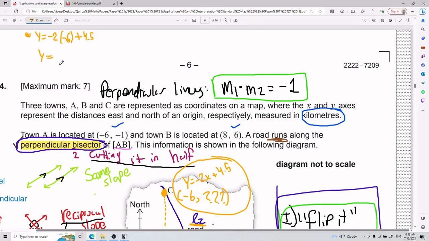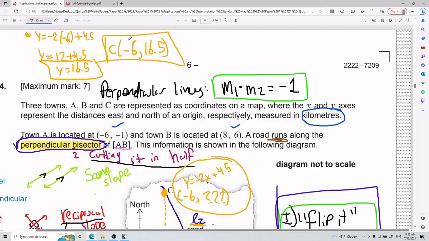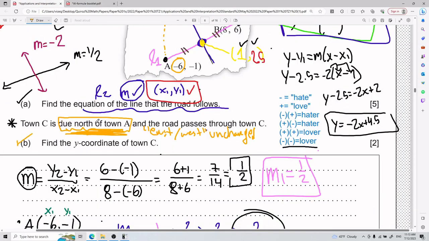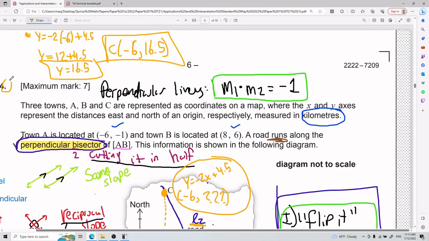So y equals 12 plus 4.5. y equals 16.5. So that means that my point C is going to be -6, comma 16.5. So that would be my point C. That would be for part B. And that is number 4.